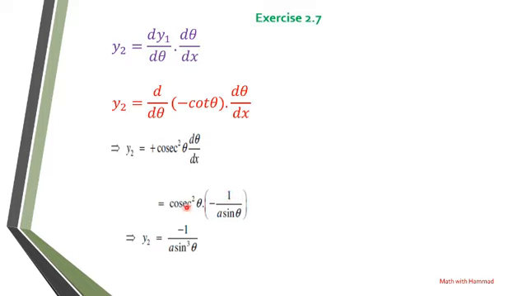Minus 1 as it is, and we know that cosecant square theta means 1 over sin square theta. So 1 over sin square theta into 1 over sin theta is sin cube theta. So y2 is equal to minus 1 over a sin cube theta. So this is our question number 3.